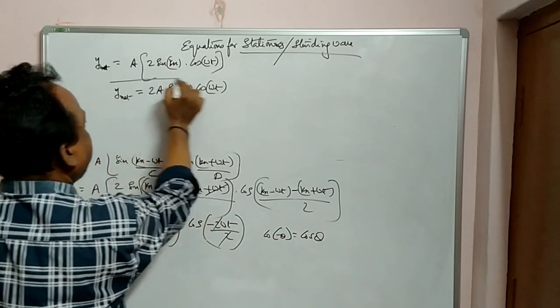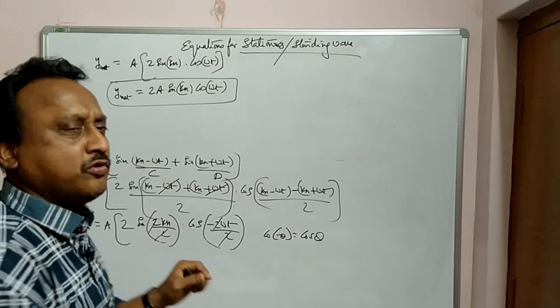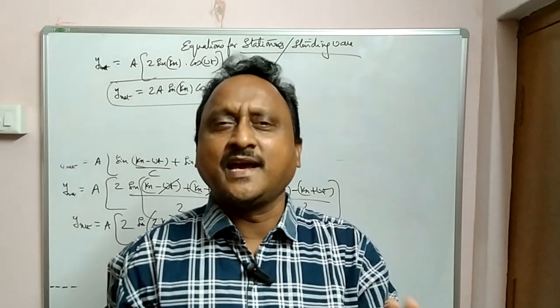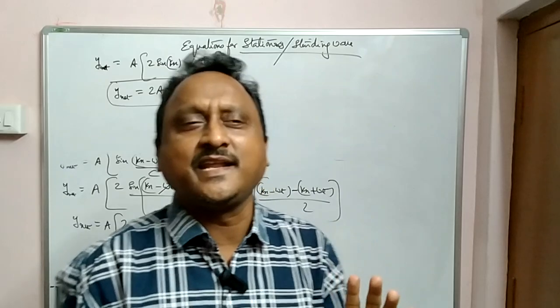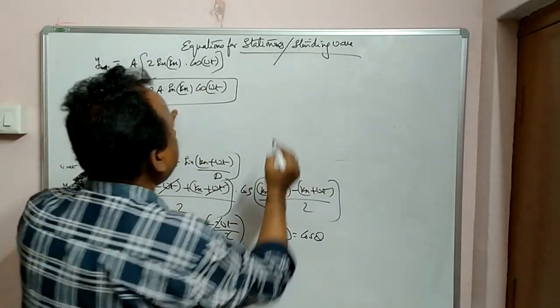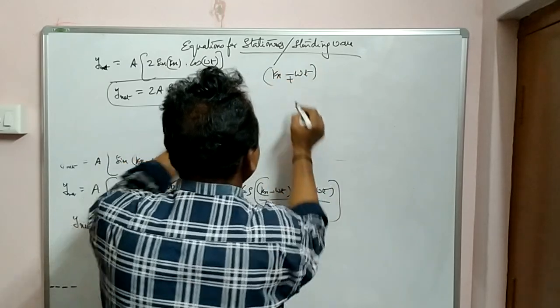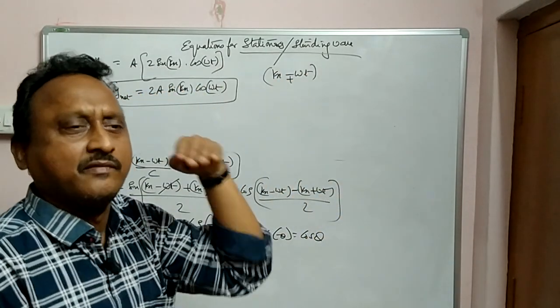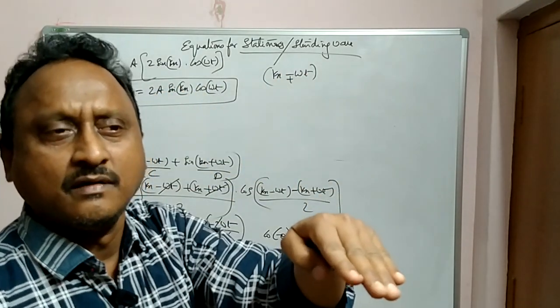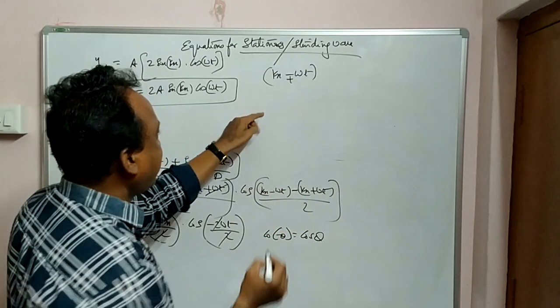You observe carefully in this equation, do you have kx minus omega t or kx plus omega t? You are not having it. When you are not having this term, the wave is not moving forward in this direction or this direction. So it is still.